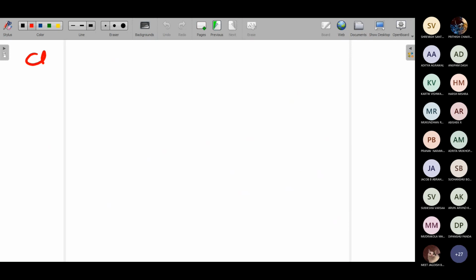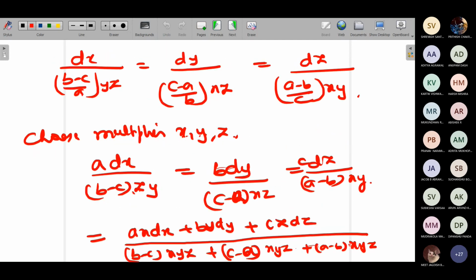So you are saying choose ax, by, cz as multipliers. Okay. So what will happen to your equation? This is your equation.